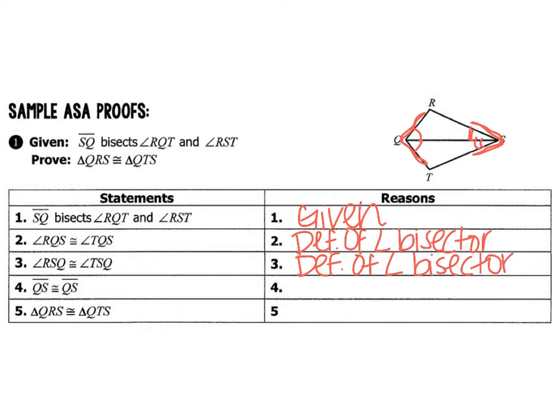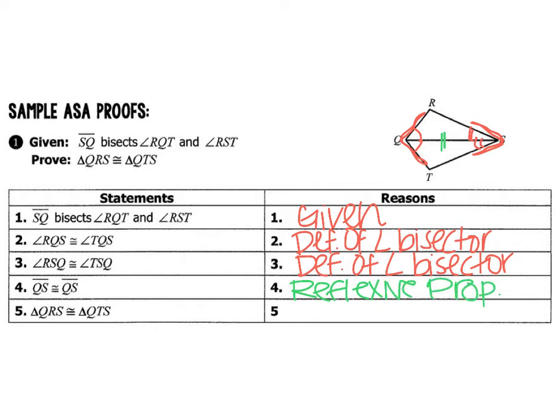Alright, then we have two triangles that share a side. Anytime they share a side, that side is congruent to itself by reflexive property. So QS is congruent to QS by reflexive property, and that would be our reason.